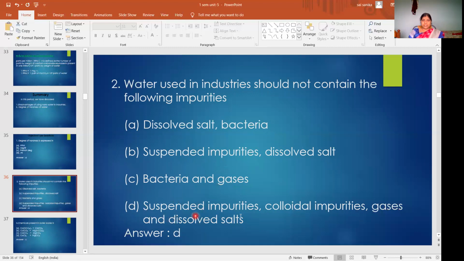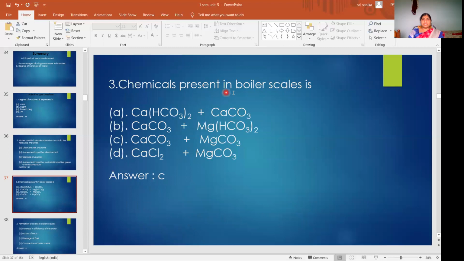Suspended impurities should not be present, colloidal impurities should not be present, gases should not be present, and dissolved salts also should not be present. Even bacteria should not be present here. So the answer is D.